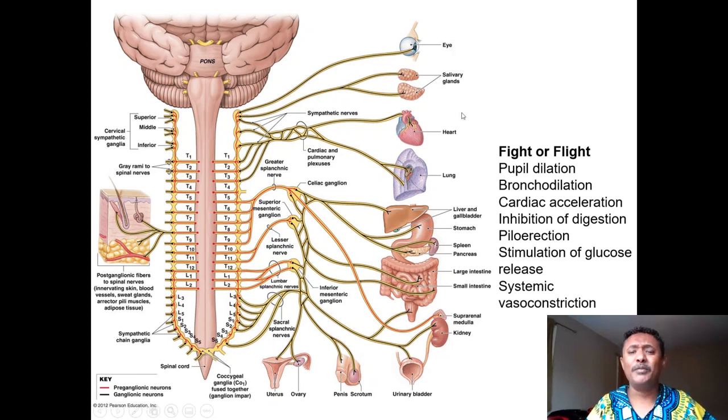And then what will happen to my salivary glands? I don't need to eat, no need for food. So everything related to food and eating, that's related to the parasympathetic, that's rest and digest part of the autonomic nervous system. So the salivary glands and all the GI system, as we are going to see in a minute, is going to be turned off or decreased to the minimum.